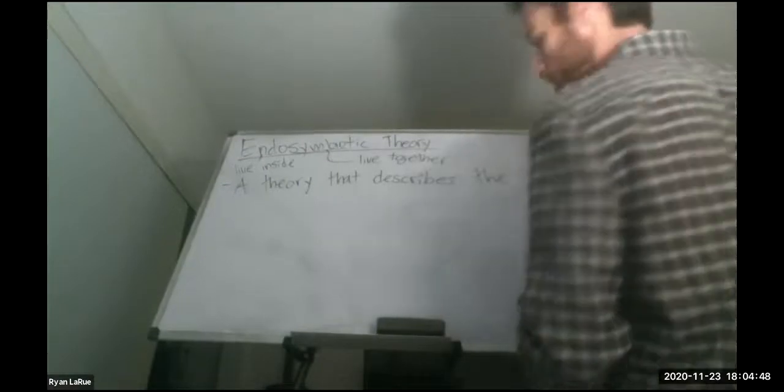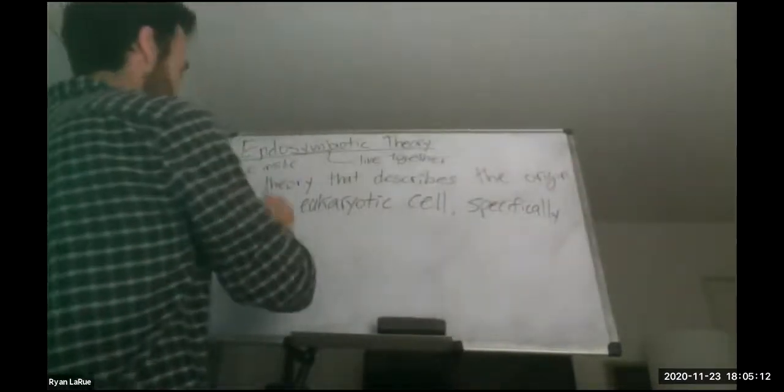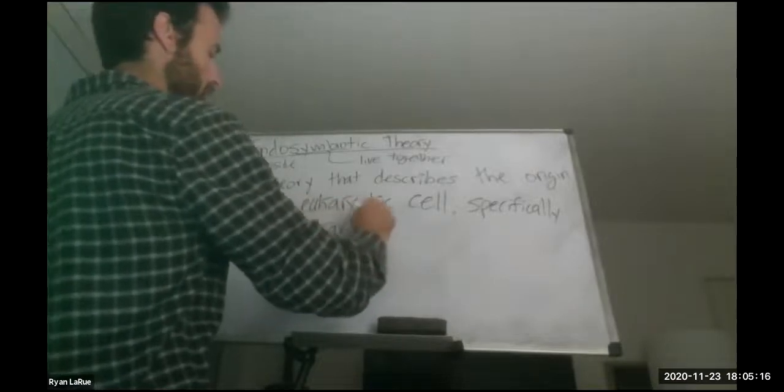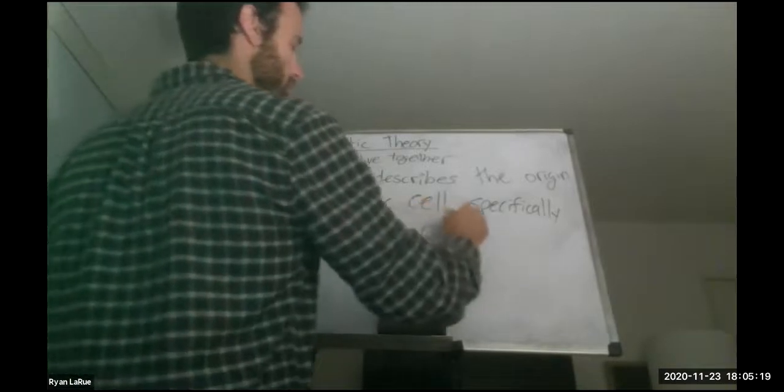Endosymbiotic theory is a theory that describes the origin of the eukaryotic cell, as I said, specifically the prokaryotic origin of two organelles.